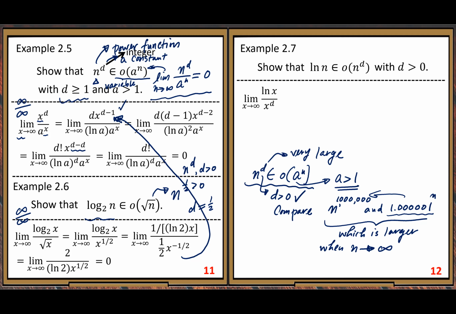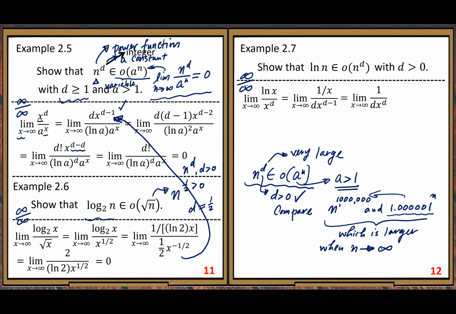Still, we use the continuous variable version of the limit. Then L'Hopital's rule: it's infinity over infinity, so I always check it. Then you take a derivative. The natural log's derivative is the simplest, just the reciprocal function, 1 over x. Then the denominator, the power function, uses the standard derivative formula. After simplification, we get this expression.